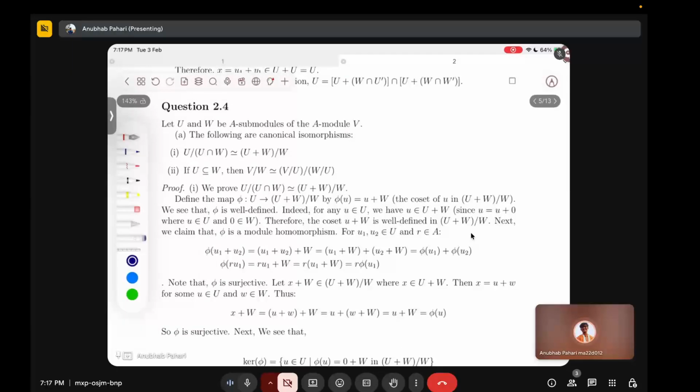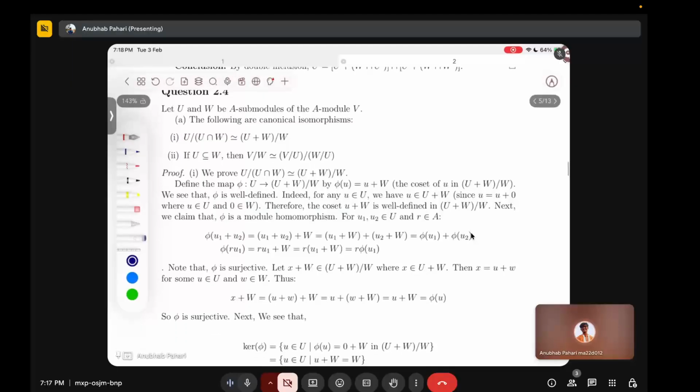So first let us focus on the first one, that is u mod u intersection w is isomorphic to u plus w by w. So let us first define the map phi from u to u plus w by w, u going to u plus w, right?